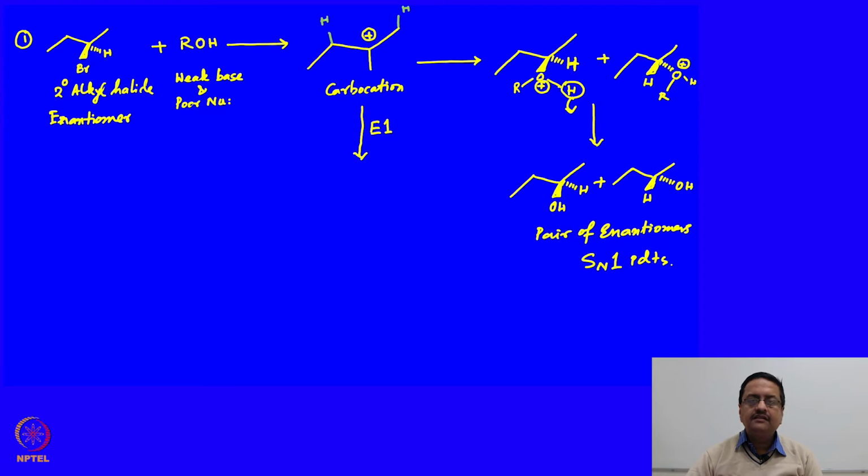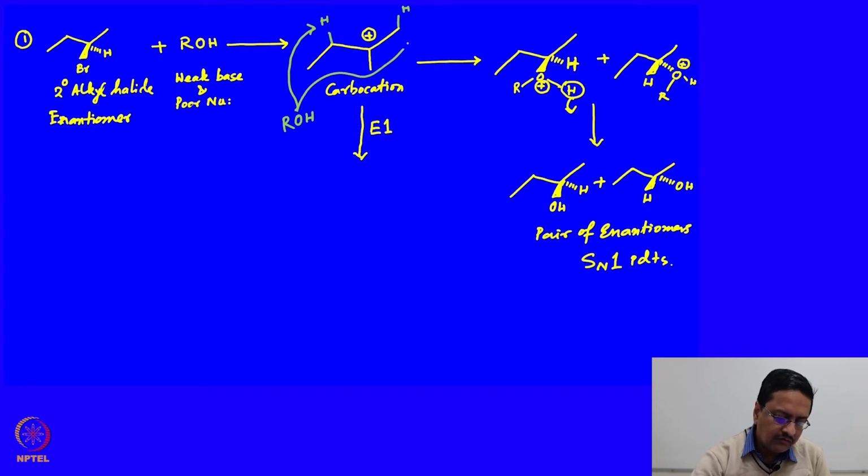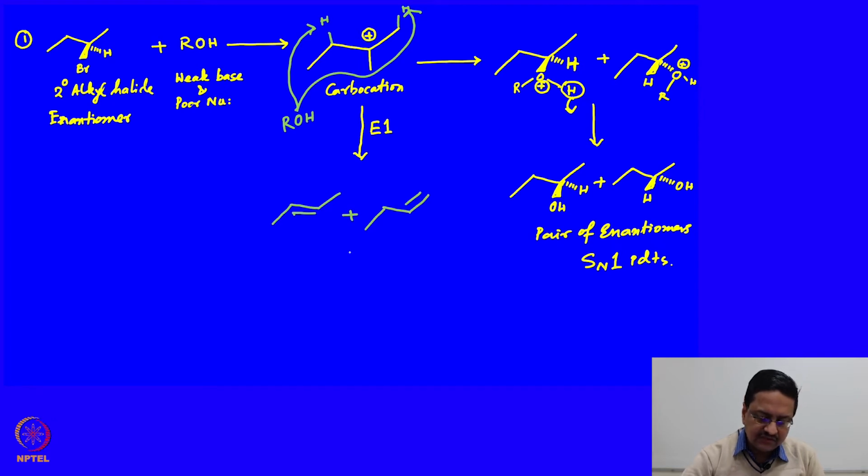By a simple elimination mechanism, the ROH would either attack here or there to give these two products, which are the corresponding E1 products.